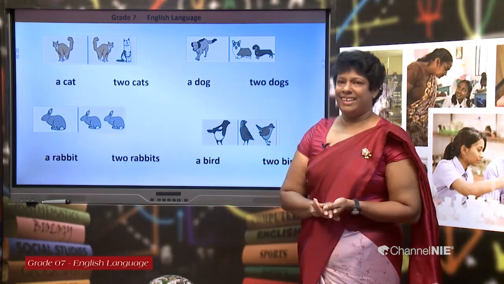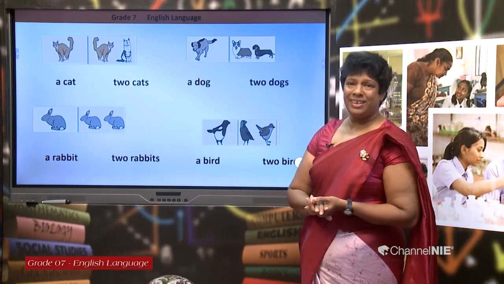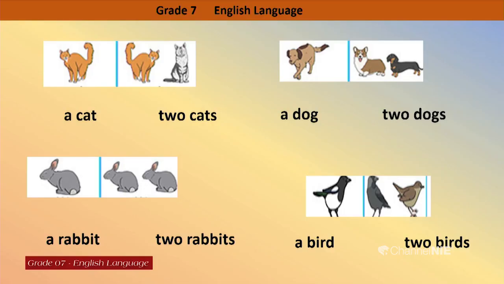Now look at the screen. There are some beautiful pictures. A cat, there is only 1. 2 cats. You can see beautiful 2 cats are there. A dog, there is 1 dog, 2 dogs. There are 2, more than 1.